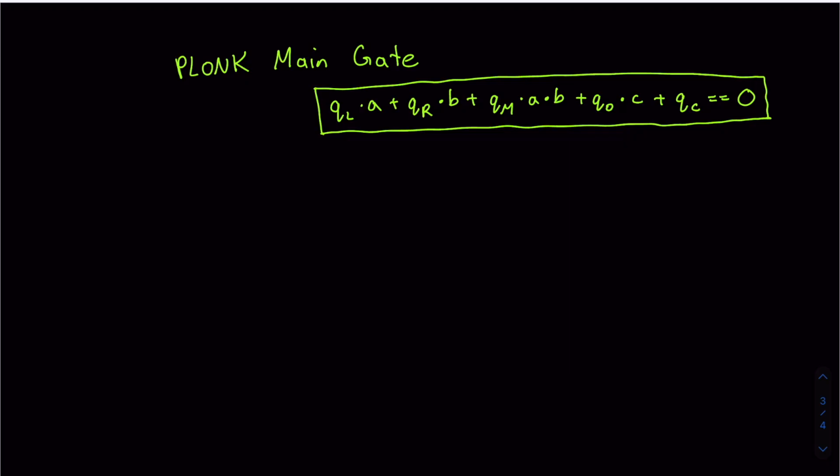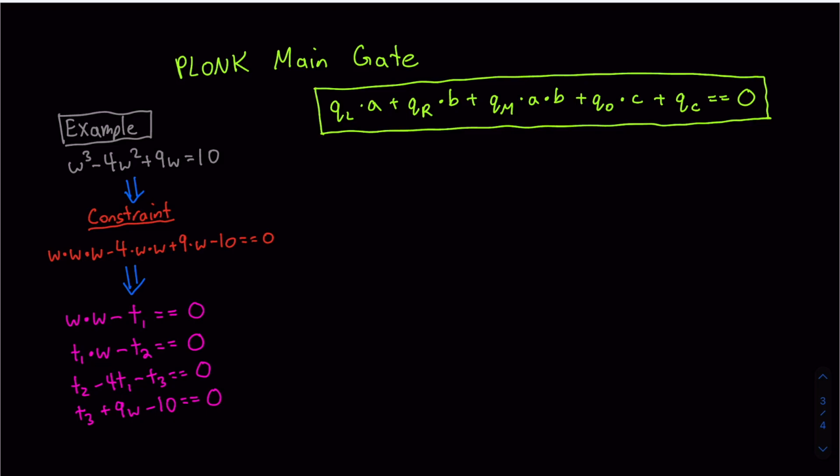Let me show you how. Here's the idea. Each constraint is one instance of the PLONK main gate, which has exactly 3 variable slots, a, b, and c. These line up perfectly with the 3 variables in each of our constraints. The Q's, called selector coefficients, are fixed constants that define the specific constraint. Once we walk through an example, you'll see exactly how this works.